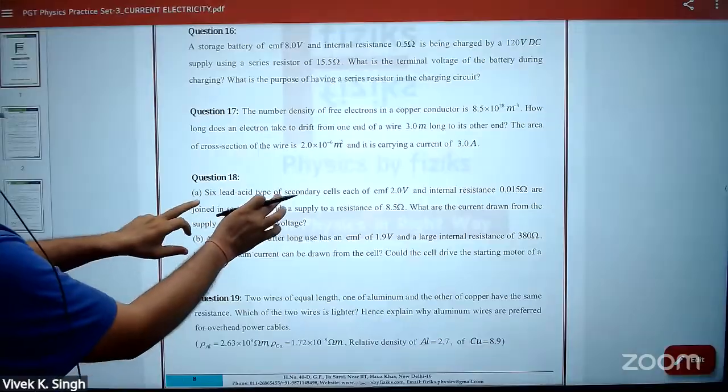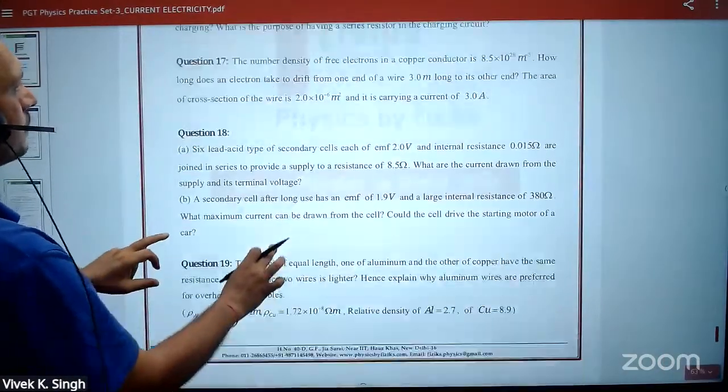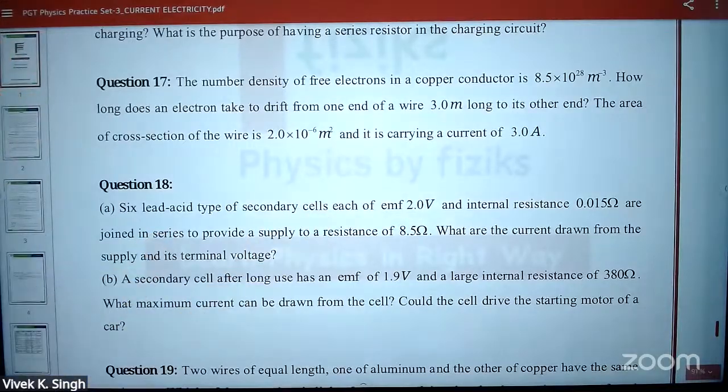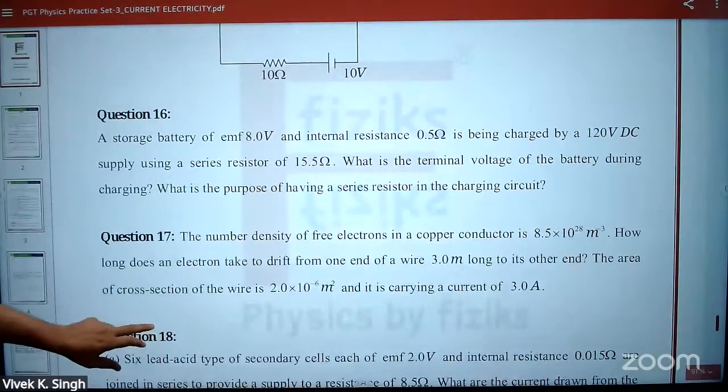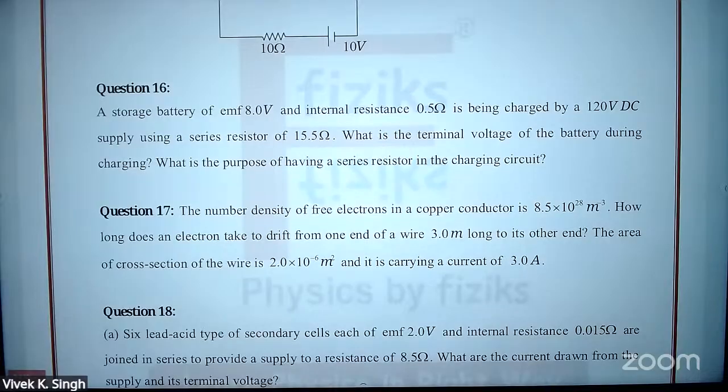A storage battery of EMF 8 volt, internal resistance 0.5 ohm is being charged by a 120 volt DC supply using a series resistor of 15.5 ohm. What is the terminal voltage of the battery during the charging? What is the purpose of having a series resistor in charging the battery?